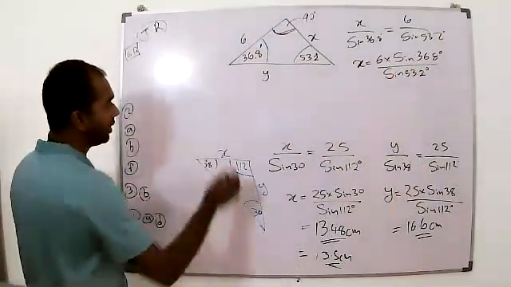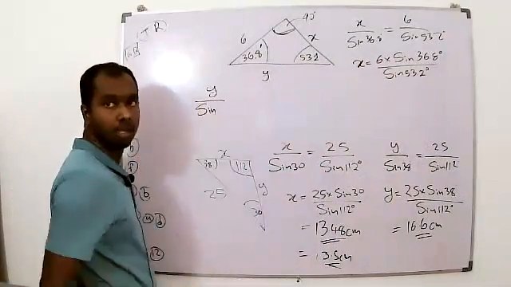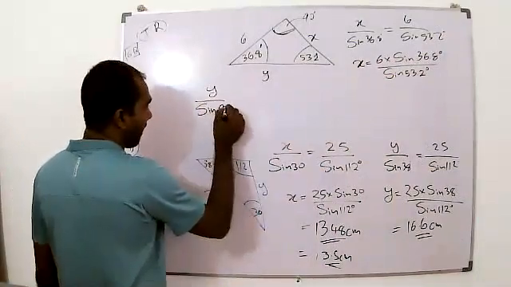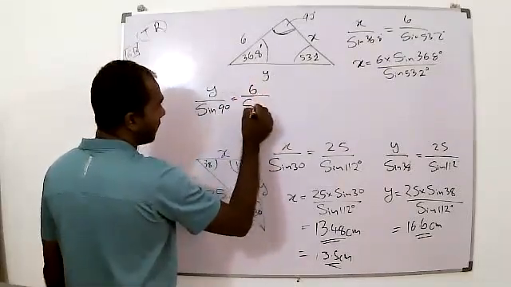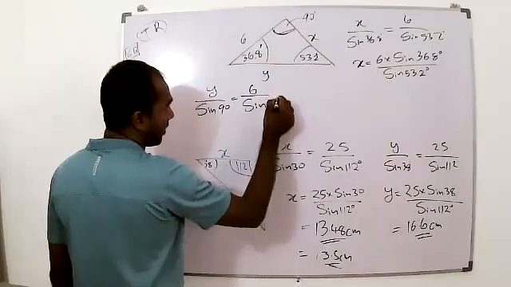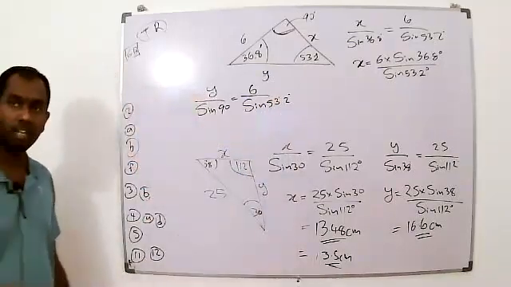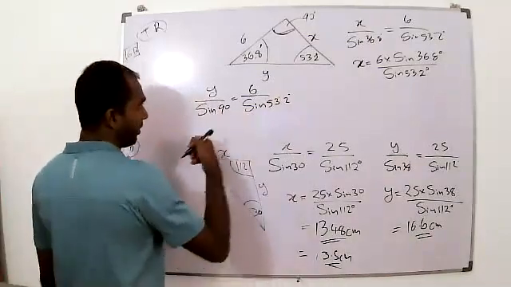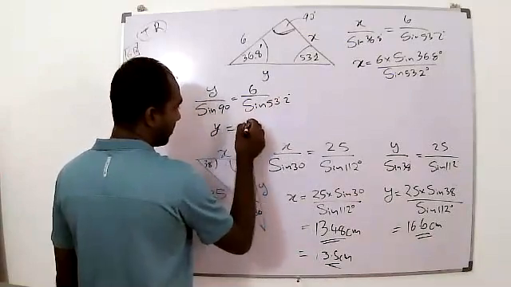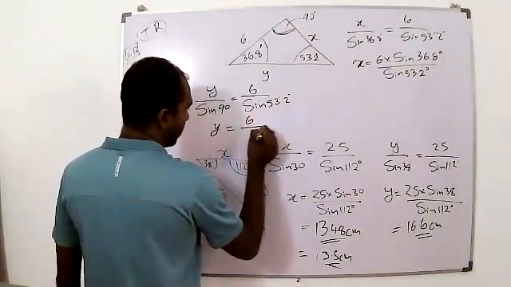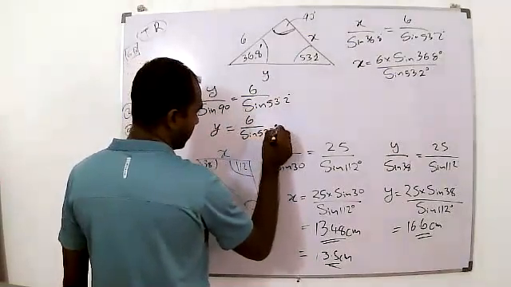And what about y? y divided by sine 90 equals 6 divided by sine 53.2. You know how much sine 90 is? It is 1. If you don't know, you can apply it in the calculator. It will be the same thing. Divided by 1 doesn't make any difference. So you can write 6 divided by sine 53.2 degrees.